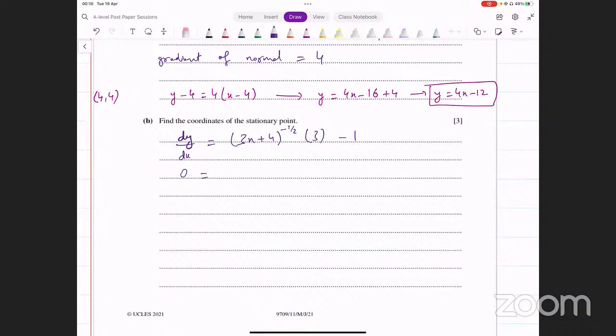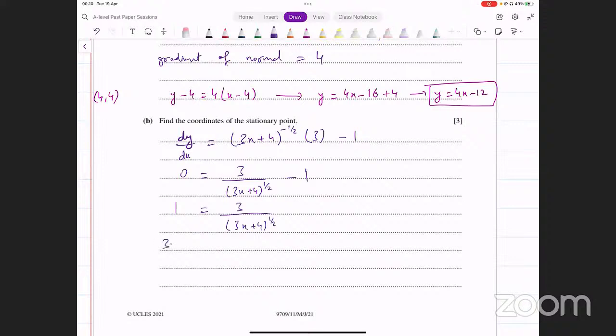What does that give us? इसको denominator में ले जाता हूँ मैं. 3 over 3x plus 4 whole raised to power 1 over 2 and then minus 1. ठीक है? Let's take 1 to the other side. And that gives us 3 over 3x plus 4 whole raised to power 1 over 2 equals 1. ये जाके multiply कर दें उधर.